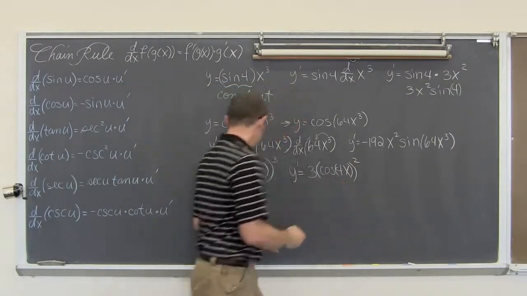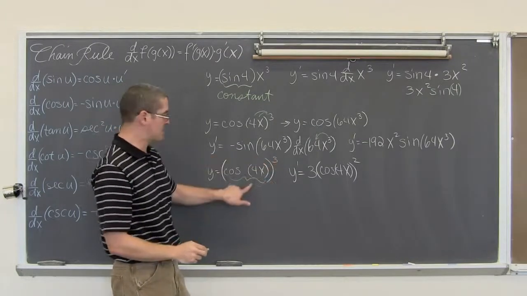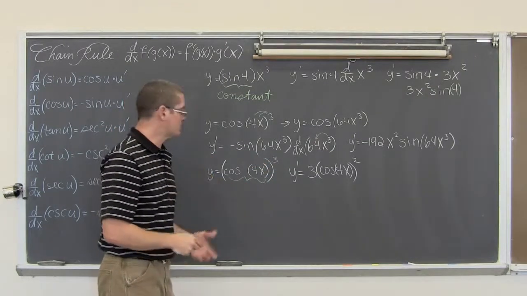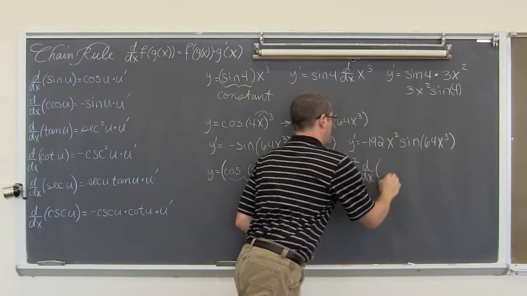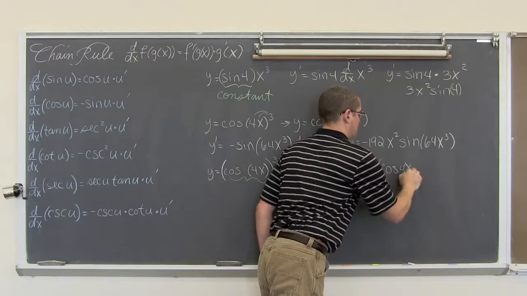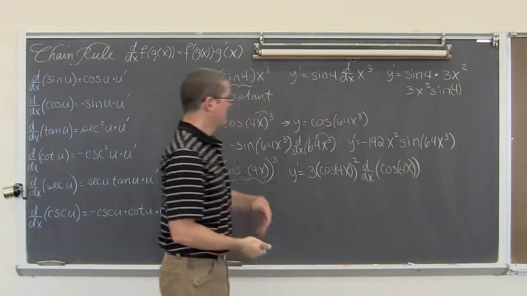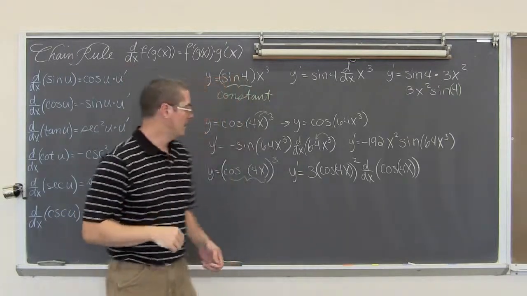Now this is my inside function. This is my something cubed. So this is my u. I've got to find the derivative with respect to x of cosine of 4x. Okay, well the derivative of cosine is negative sine.